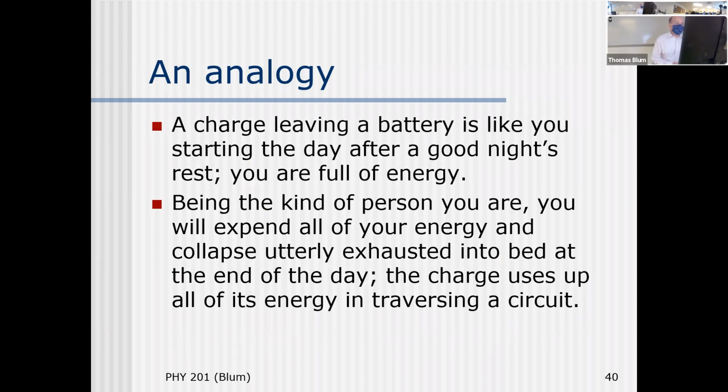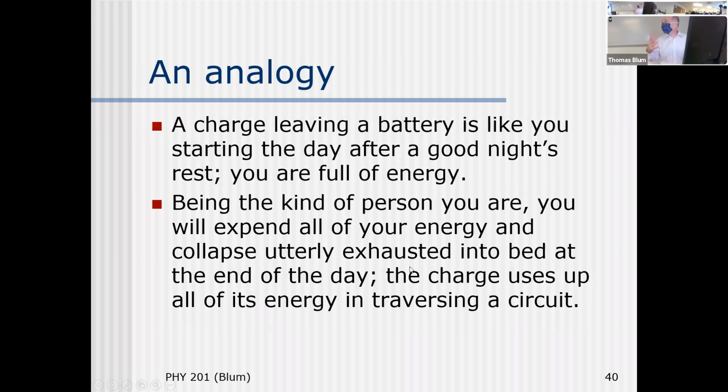The battery is going to supply this force, this energy per charge. Charging up the battery is like having a good night's rest: you're full of energy, and then you're going to use up all your energy in the day. You woke up, had a good breakfast, you're ready to face the day, and now you're going to use up all your energy and just collapse into bed.